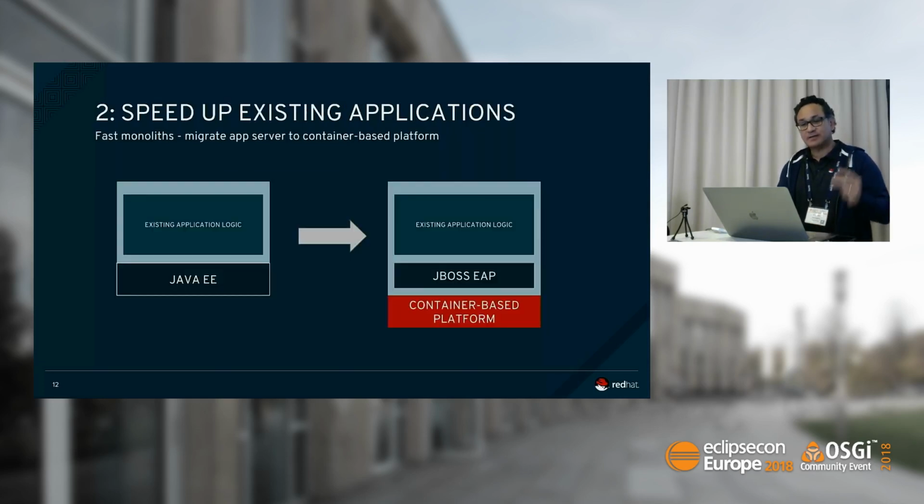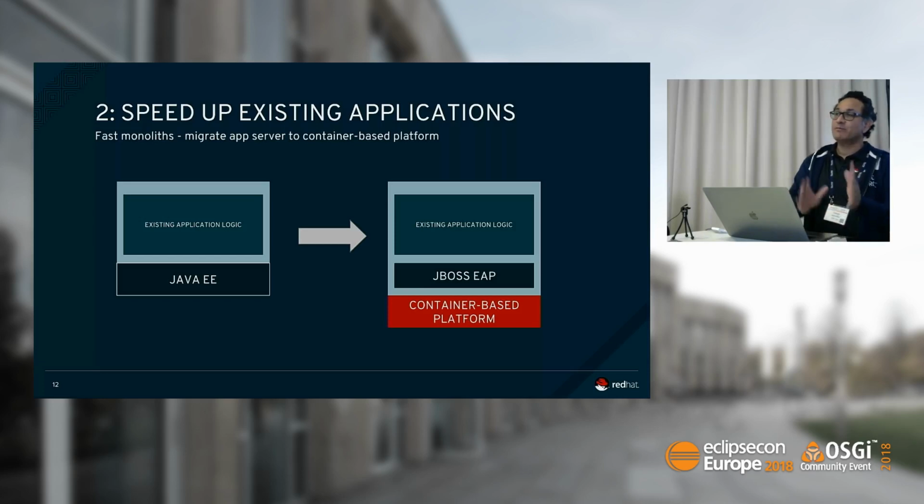The second step or recommendation is to speed up existing applications. As I mentioned before, many corporations have monoliths that are running their businesses. So the idea is to migrate those to a container-based platform, and this picture shows a typical Java EE application being moved to a container-based platform like OpenShift.